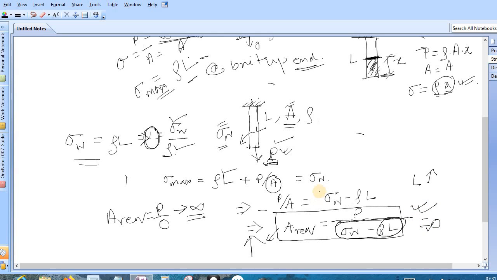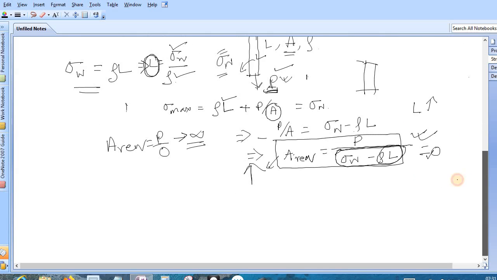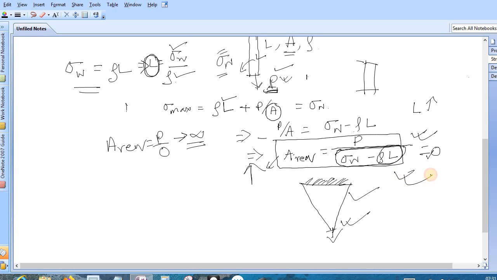Now you can ask me, that means we should not apply any load for a larger length? No, in that case you have to apply a variable cross section like this, the non-prismatic section. This is the reason why we use non-prismatic sections when we apply load in these cases. So you have got the reason behind it.